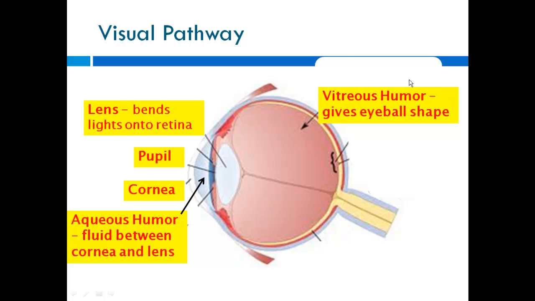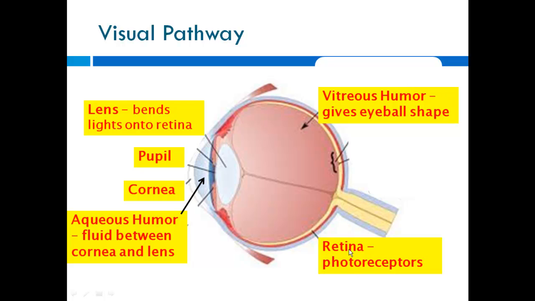But to get to the retina, there's another type of fluid in the eye. So we have the aqueous humor in the front, but the larger portion is known as the vitreous humor. And this is the one that really does help keep the shape of the eyeball so it doesn't collapse on itself. Once light gets through the vitreous humor, it lands on the retina, or we hope it lands on the retina.